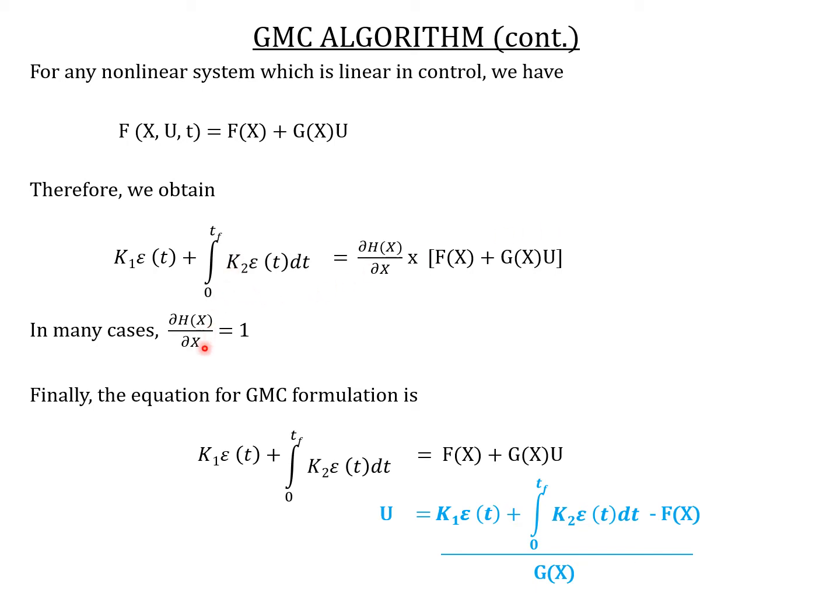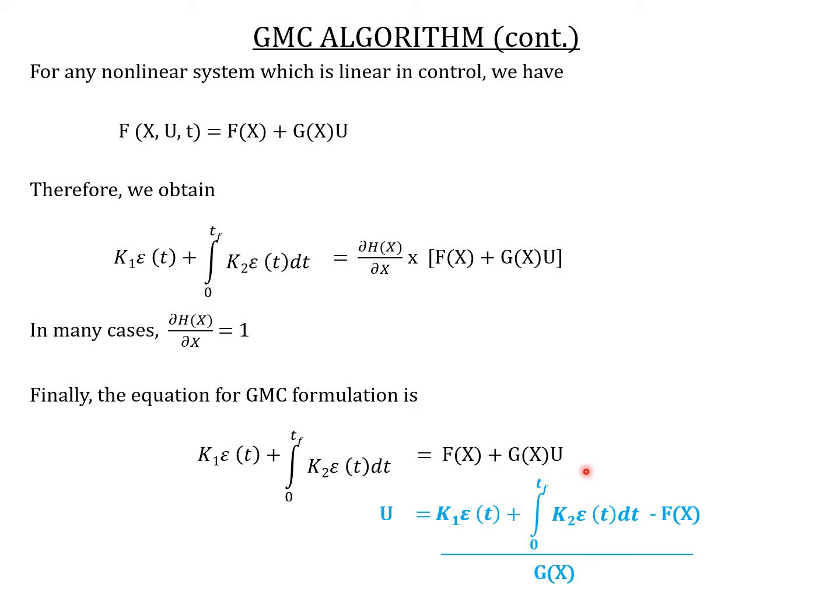In many cases, dH(x)/dx equals 1, that is, y equals x, not a function of x, but x. So this becomes 1. In the GMC formulation, K1 epsilon plus the integral of K2 epsilon equals dx/dt, and since this is 1, we are just left with f(x) plus g(x)u.